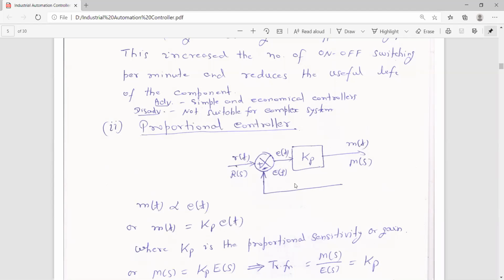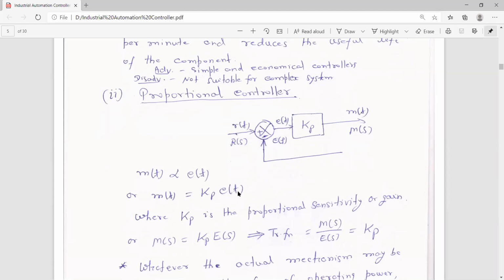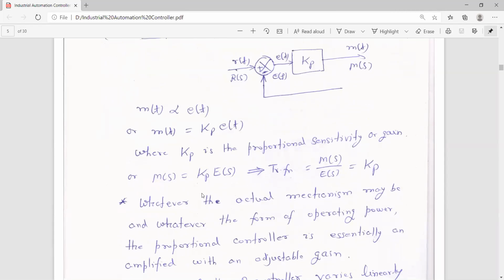Now, on what basis is the name proportional controller given? If we consider the relationship between output and input of this controller, MT is directly proportional to ET, or MT is equal to some proportionality constant, denoted as K, and P for the first letter of proportional, into ET, where Kp is the proportional sensitivity, or it is known as proportional gain.